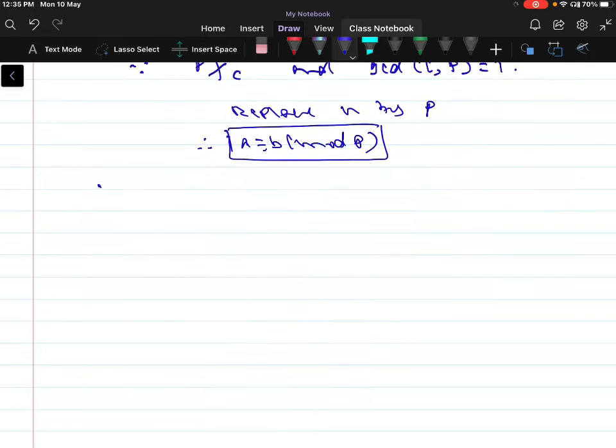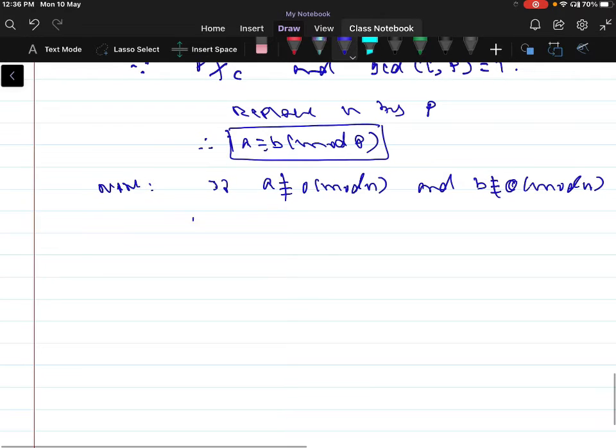So take a note: if A is not congruent to 0 modulo n, and B is not congruent to 0 modulo n, then AB need not be congruent to non-zero modulo n.